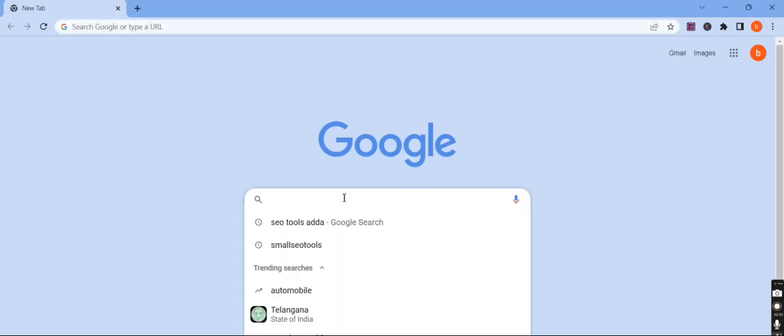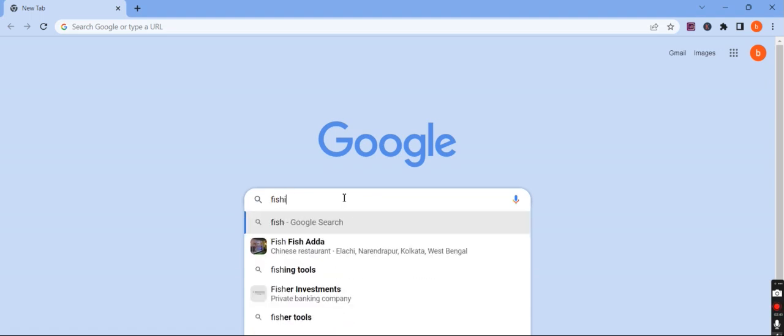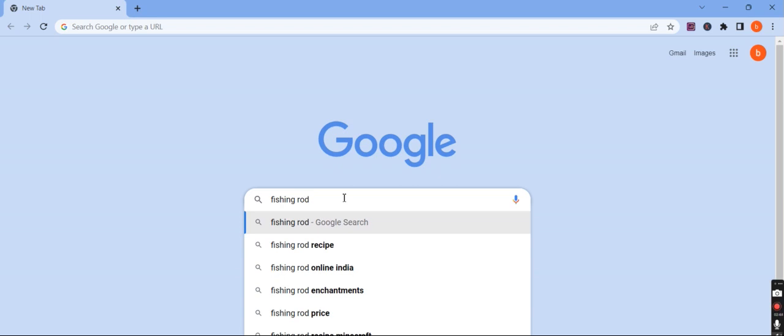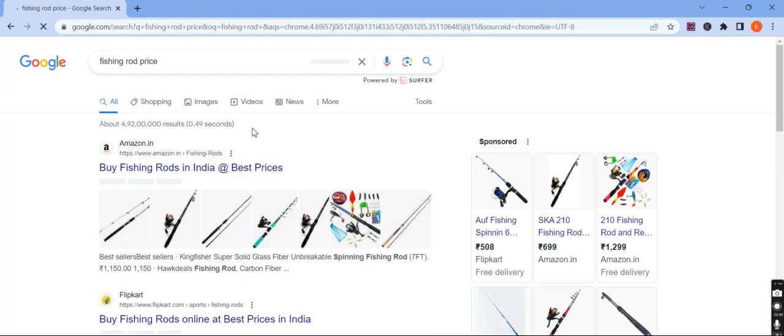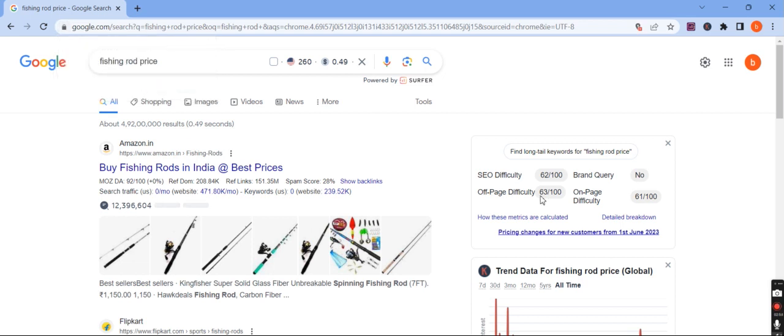You go to Google and search for fishing rod price, suppose. So this is the search engine results page. Ignore the Chrome extension over here.